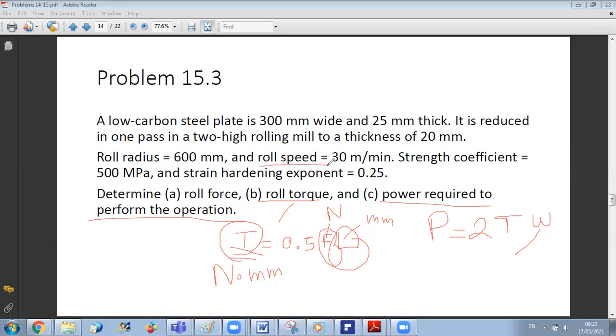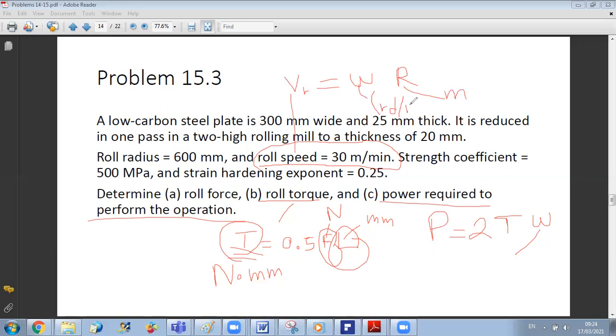Because if I know the roll speed, I can deduce omega, since you know that this is V_R. V_R is equal to the angular velocity omega times the radius. So since the roll speed is given in meters per minute, then if I use R in meters, I will obtain omega in radians per minute from this relation.